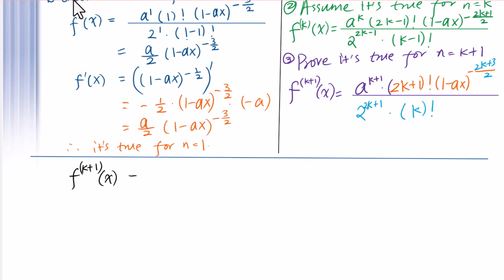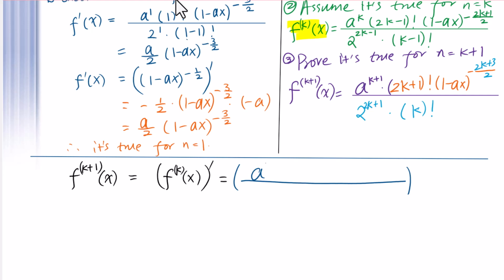The (k plus 1)th derivative of f of x equals the derivative of the kth derivative of f of x, which means go to this assumption and do the substitution. a to the power of k times (2k minus 1) factorial times (1 minus ax) to the power of negative (2k plus 1)/2, over 2 to the power of 2k minus 1 times (k minus 1) factorial, prime. The coefficient is this.